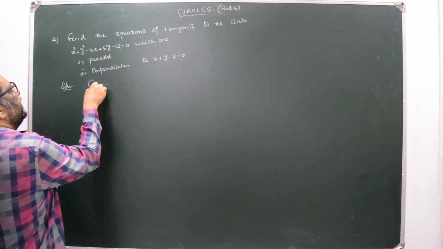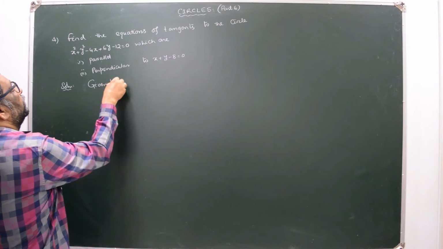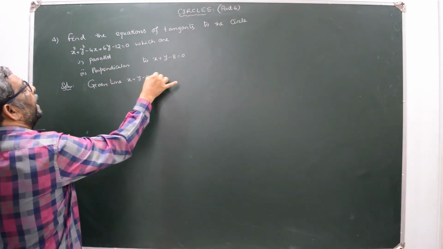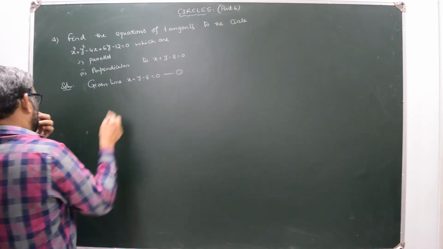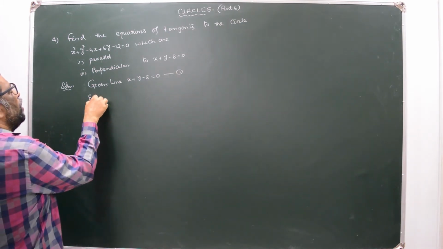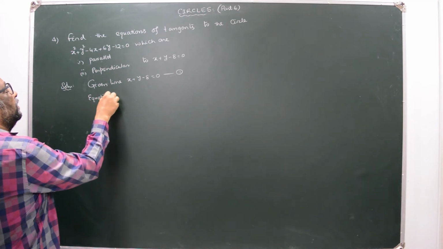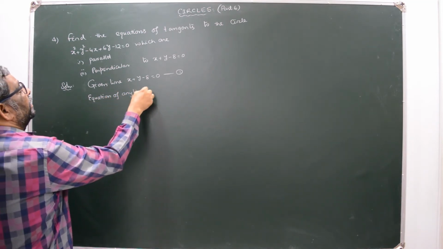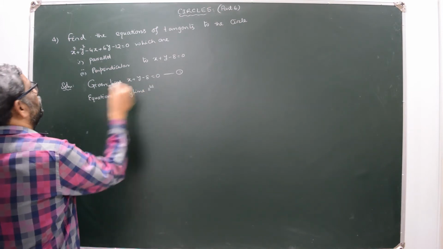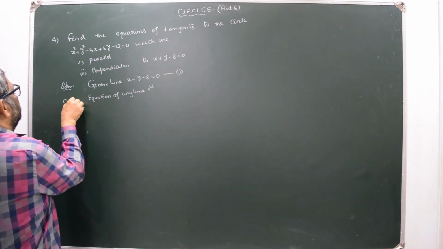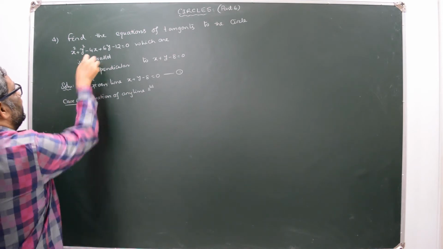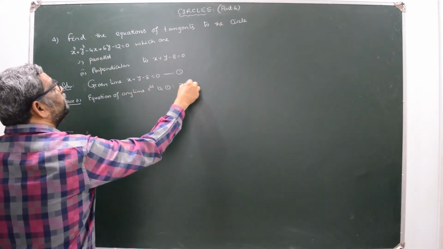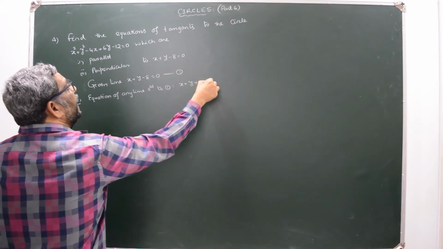So the given line is x plus y minus 8 equal to 0. Equation of any line parallel to it, this is case 1, first case, is x plus y plus k equal to 0.